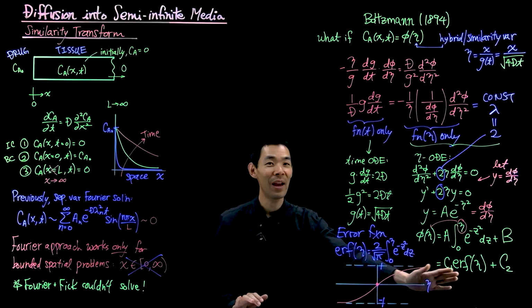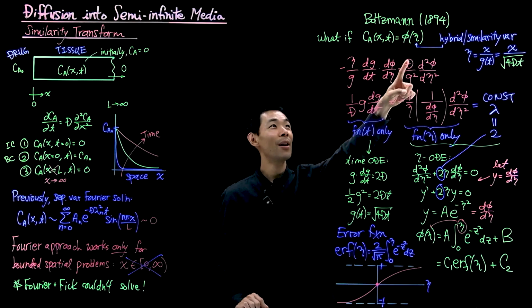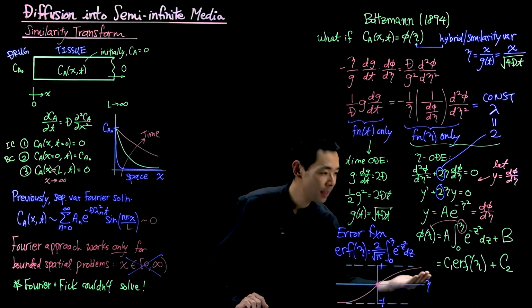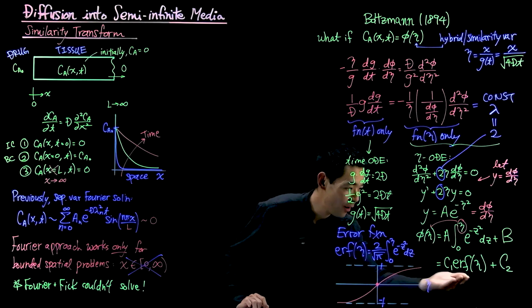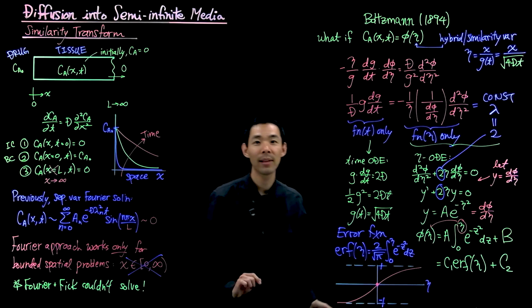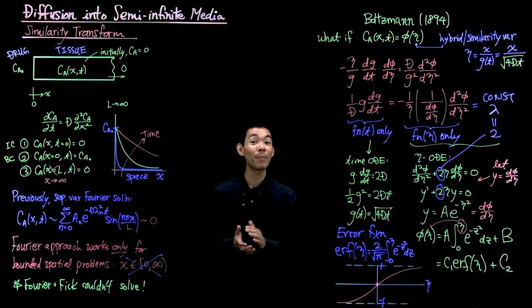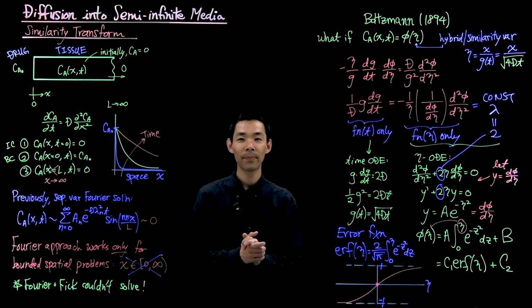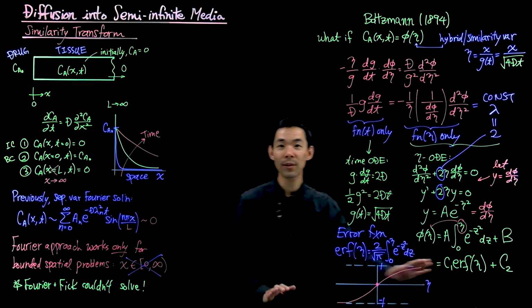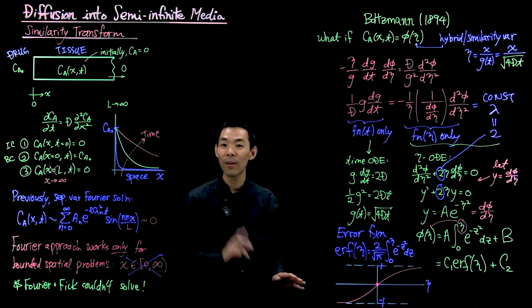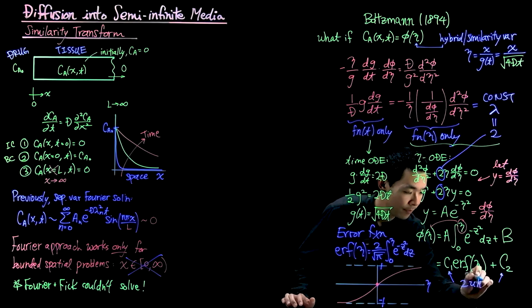So if everything here is correct, then our concentration profile is this right here, C1 error function of eta plus C2. And all we need to do is start applying initial conditions and boundary conditions. But wait a minute, though. If this really is our solution, we have two unknowns.